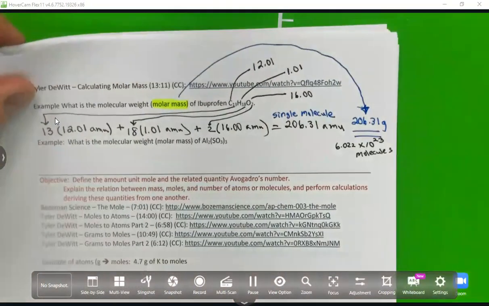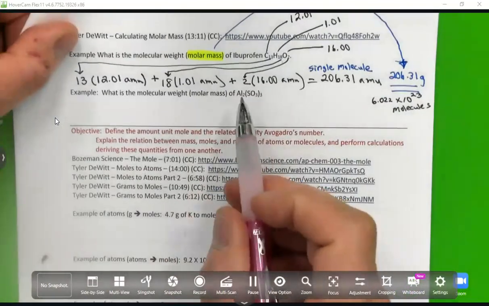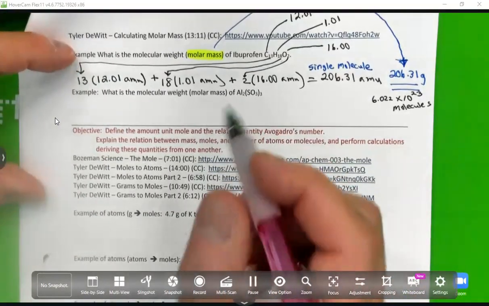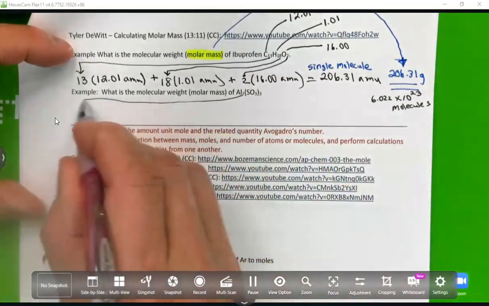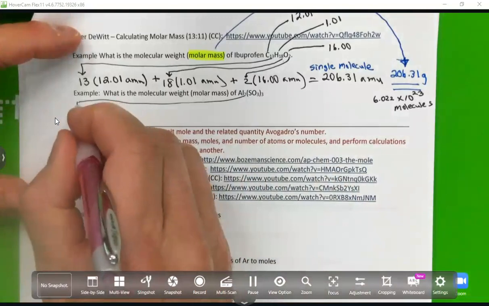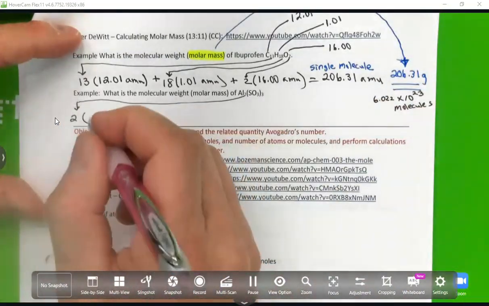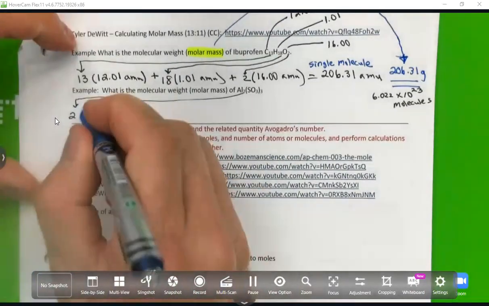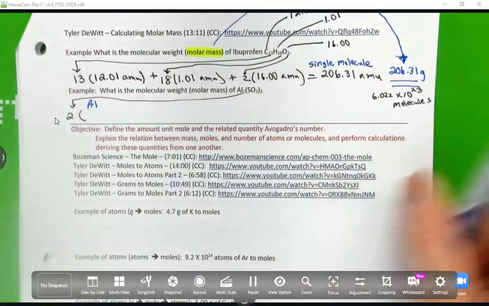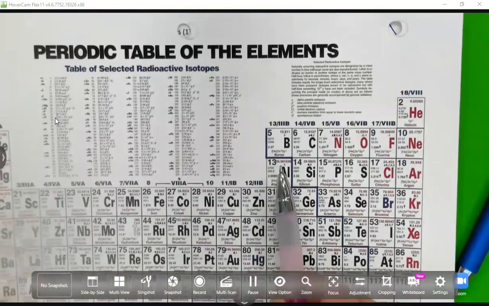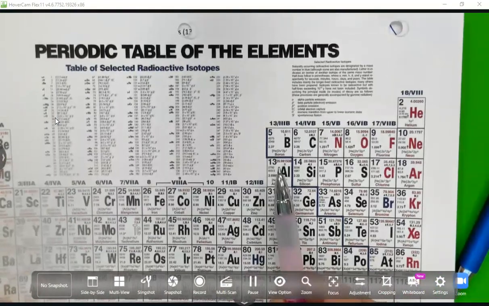So if we do the next one, this is aluminum sulfite. So let's see what we can do. Algebraic sum. We've got 2 aluminums. And if we look up aluminum on our periodic table, 26.98.